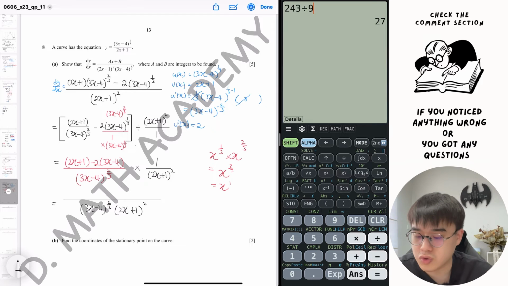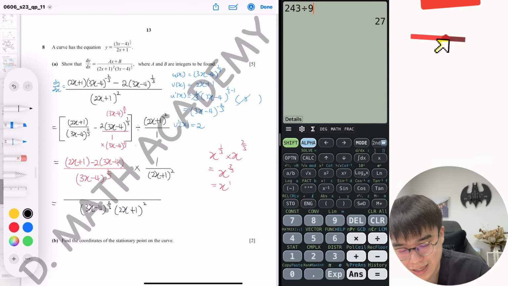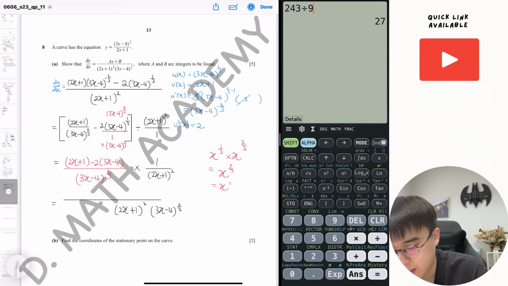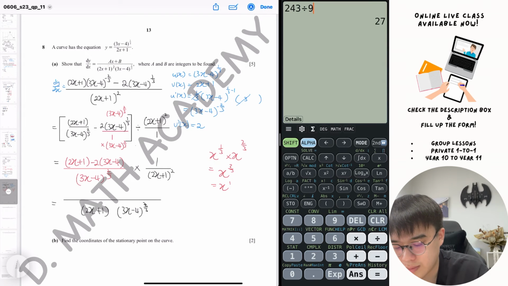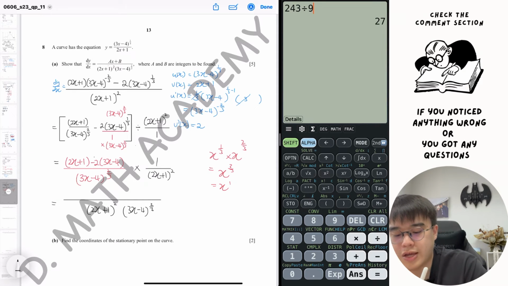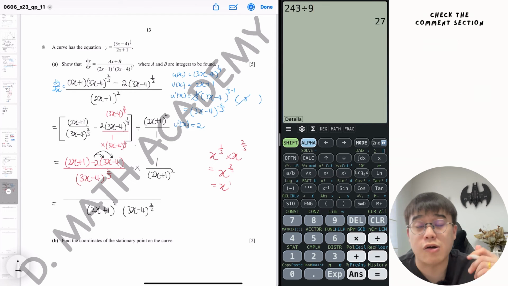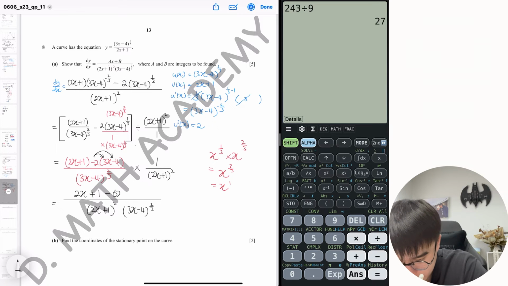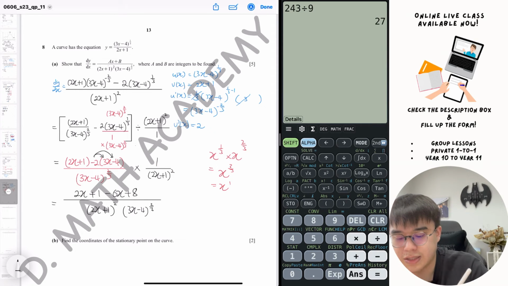If you were to follow exactly, then I will be shifting this to the back, reorganize them, take out the 2 here. One last step, which is to expand the brackets. Do not miss out on the negative, because you will get 2x plus 1 minus 6x plus 8.